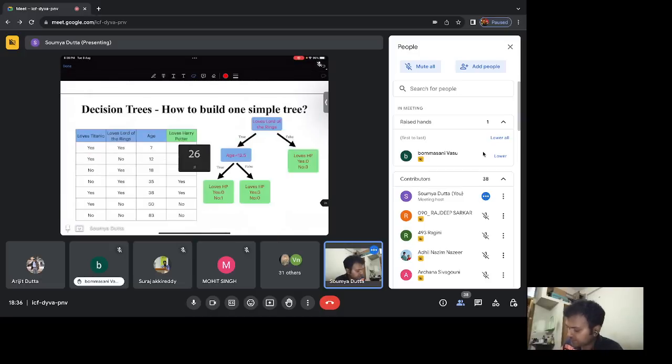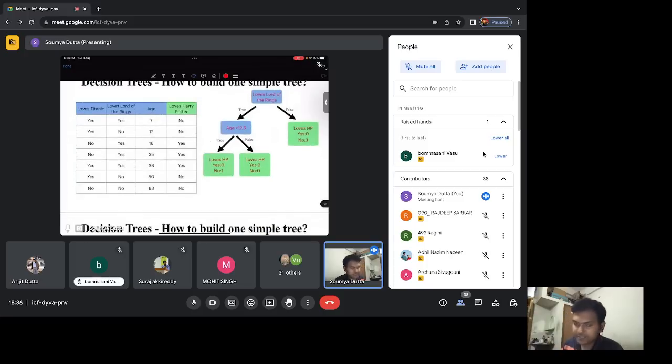The other way is to check based on age. So again you take age of 12.5. Why did I take 12.5? Loves Lord of the Rings means yes, yes, yes and yes, so the ages are 7, 18, 35 and 38.